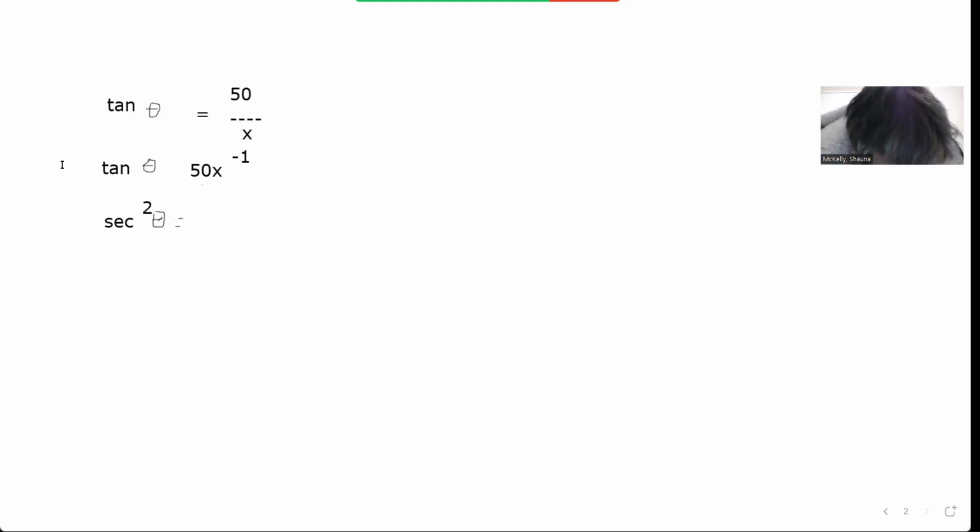the derivative of this. So this is secant squared theta, and I need my d theta dt, right? Secant squared theta d theta dt.